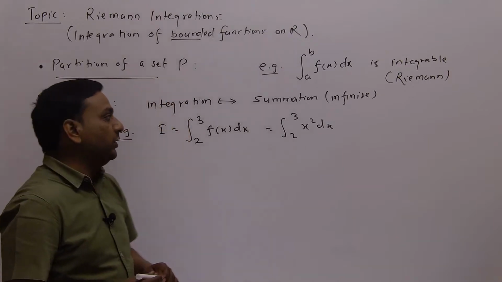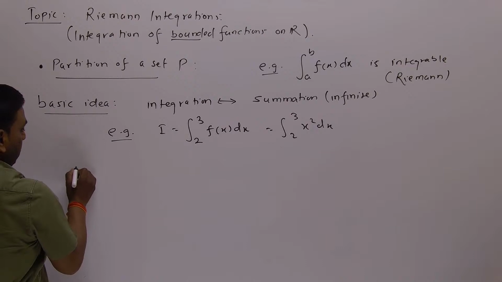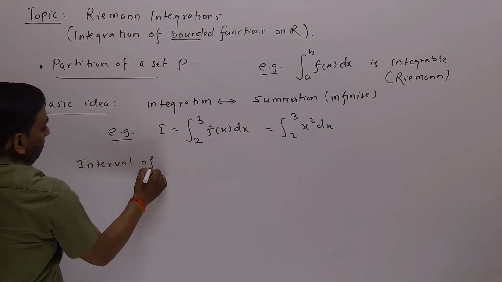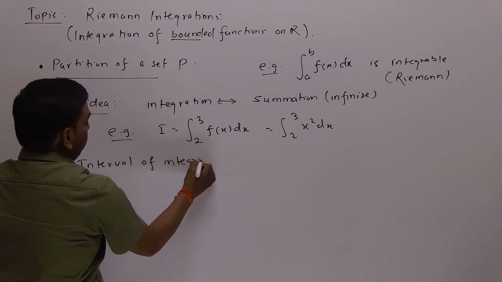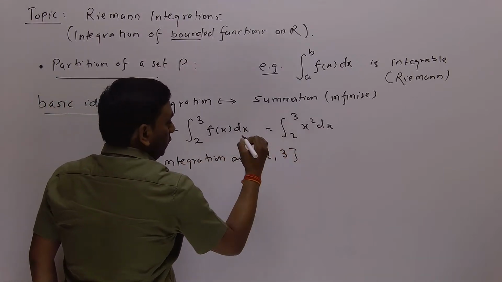So what you actually do is a partition. Let's say we have the interval of integration as 2 to 3.